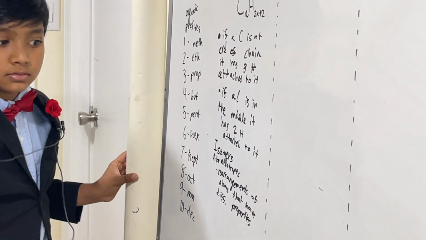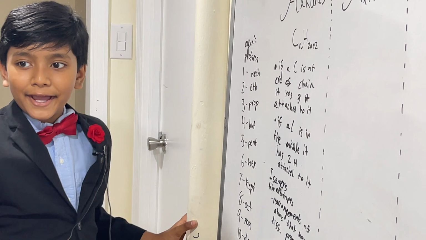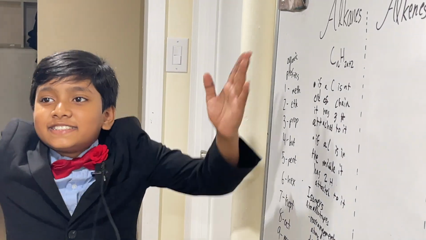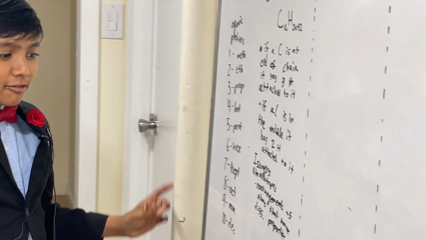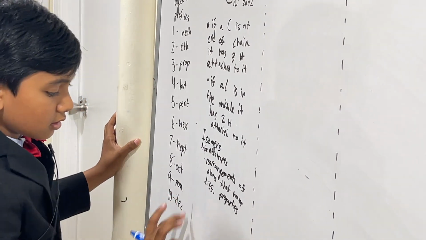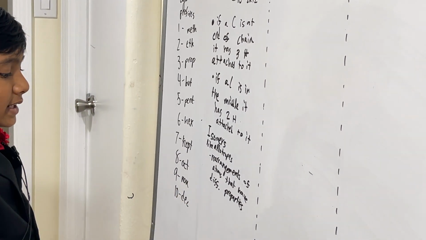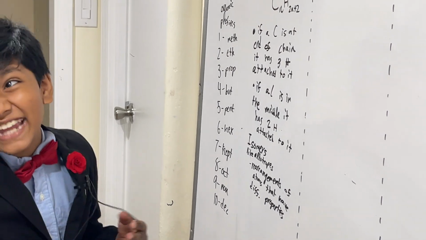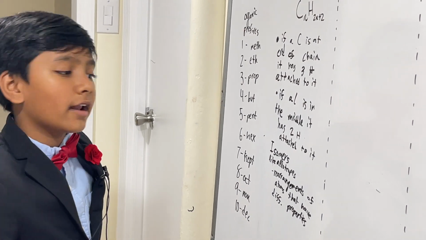So, some isomers have branches like trees. So, these branches can be methane, ethane. Okay, we're going to get into that, all right?